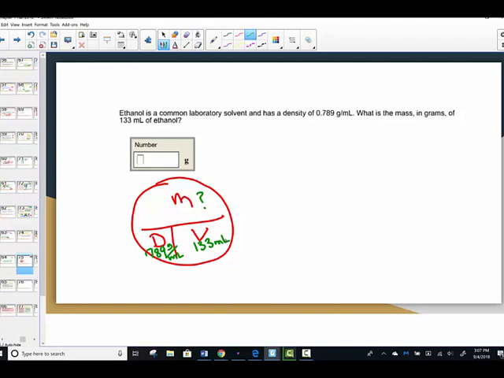This is what I want. I want the mass. So where are the numbers? Well, the numbers for D and V are right next to each other. And if they're right next to each other, we know to multiply 0.789 grams per mil times 133 mils cancels our unit, and we'll need to multiply to get a correct answer.